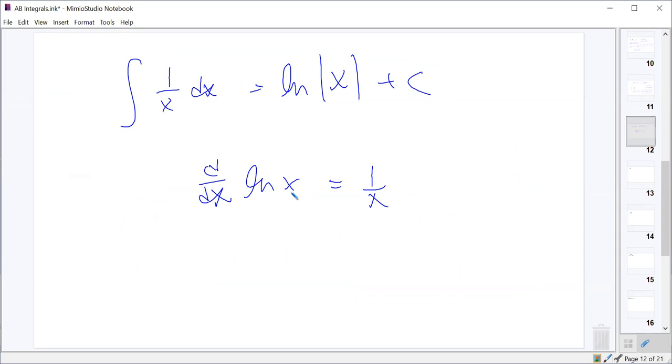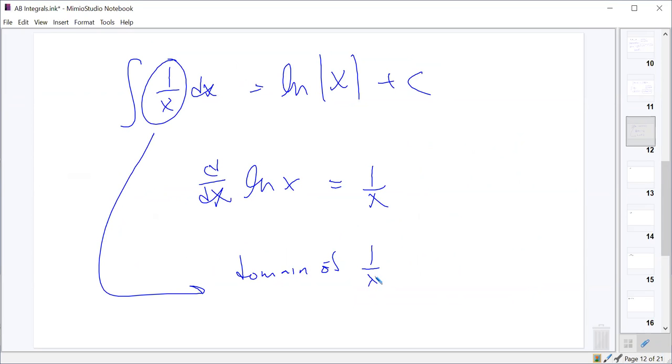And the reason we put the absolute value on it is because what's the domain of 1 over x? Everything but 0, right? Yep, everything but 0.